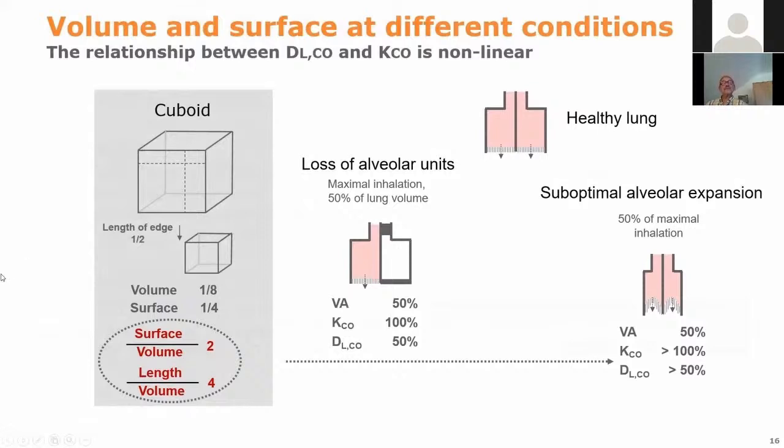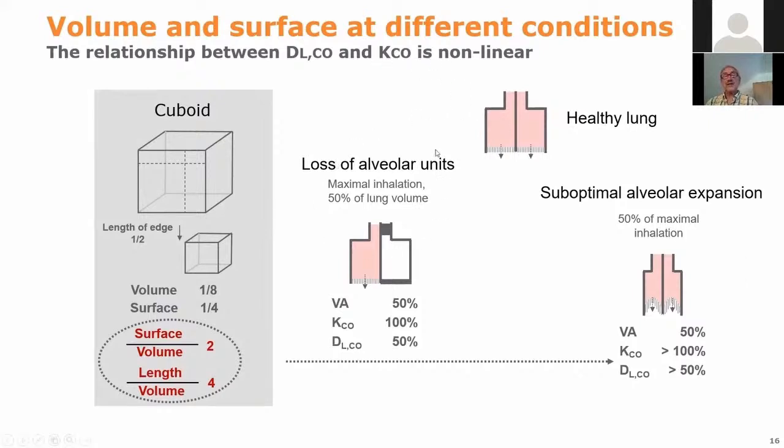In this screen, you can see that if you have a healthy lung, there's no problem. You can measure the DLCO and it will express the diffusion of the lung.